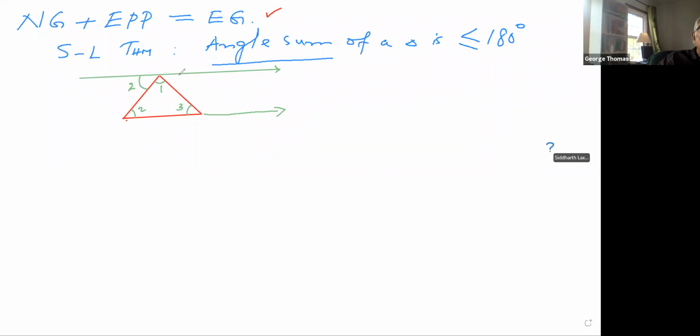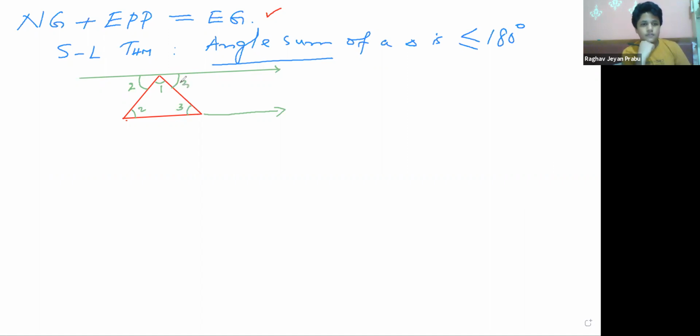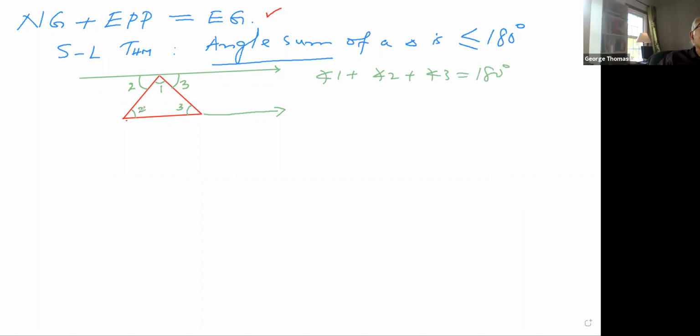How about this angle? That will be angle 3. Now, what is angle 1 plus 2 plus 3? Sir, it will be 180 degrees. Proof is done. Angle 1 plus 2 plus 3 is 180.